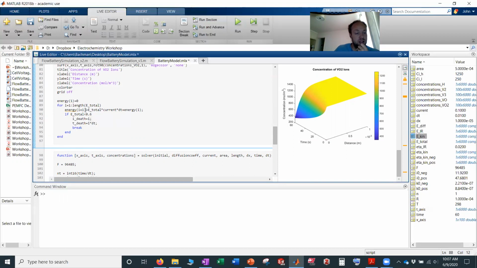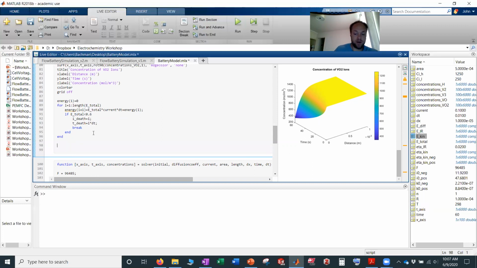And it's going to say the energy at the next time step is this, so this will just keep adding up. And then our power should equal our energy divided by T death. So this will be in watts. This is our average power.